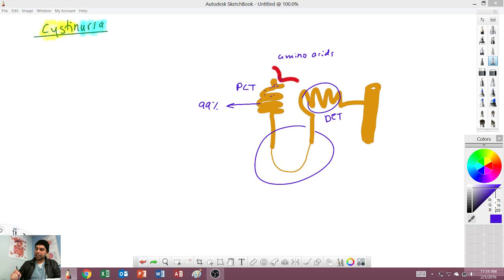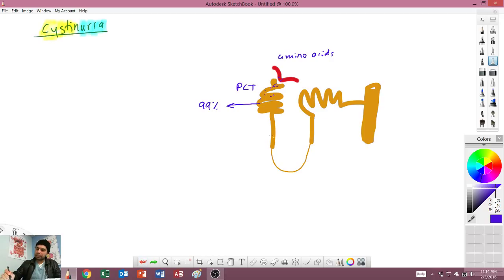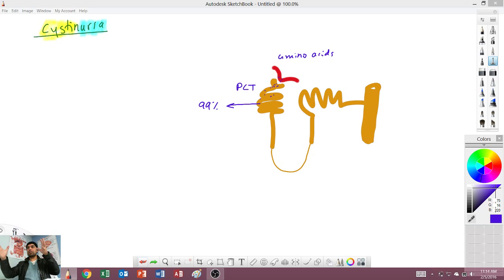So the amino acid doesn't even make it as far as the thick ascending loop, or the thin ascending, or the distal. No. It's immediately reabsorbed. The purpose of the kidney is not to filter amino acid, it is to get rid of toxins. But of course, if toxins are larger than amino acid, then amino acid will be automatically filtered.